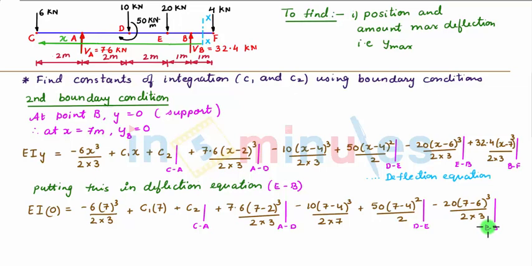So now solving this, we get 7c1 plus c2 is equal to 8, and let this be equation number 2.